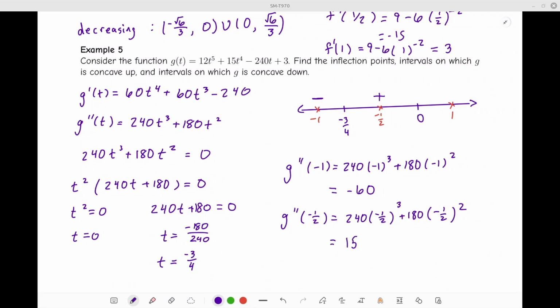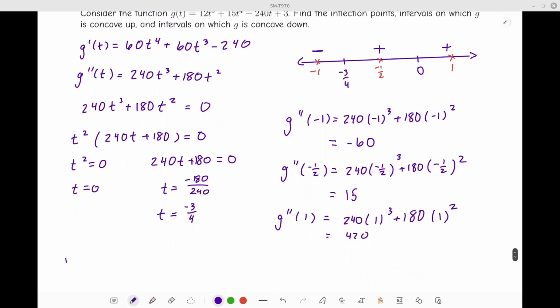So it's positive. And then g double prime of 1, which is 240 times 1 cubed plus 180 times 1 squared, which actually, what does that come out to? 420. So that's also positive.